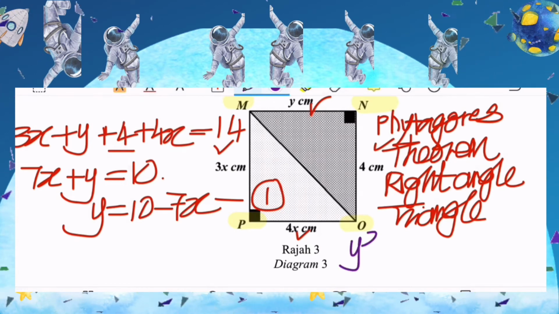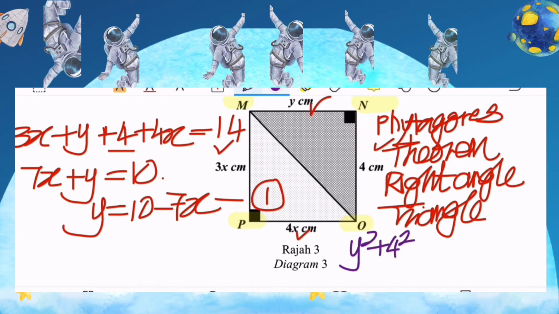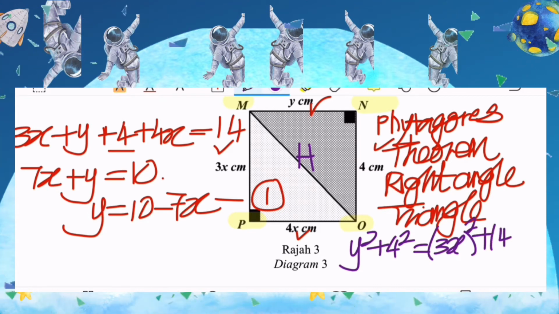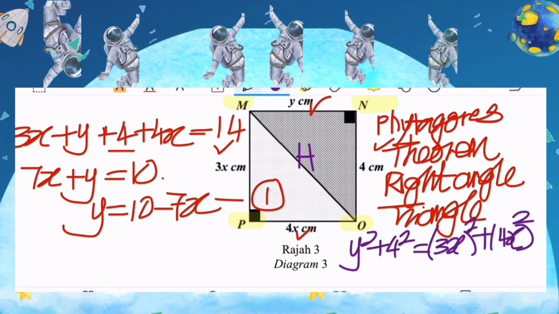So according to Pythagoras theorem, y squared plus 4 squared should be equal to the hypotenuse. At the same time, the hypotenuse is equal to (3x) squared plus (4x) squared. Make sure you put the brackets.